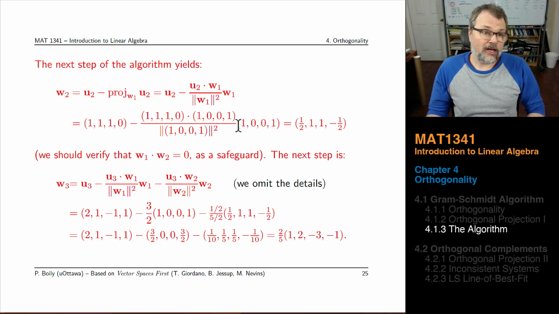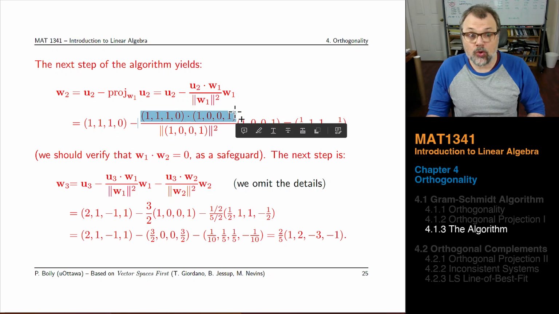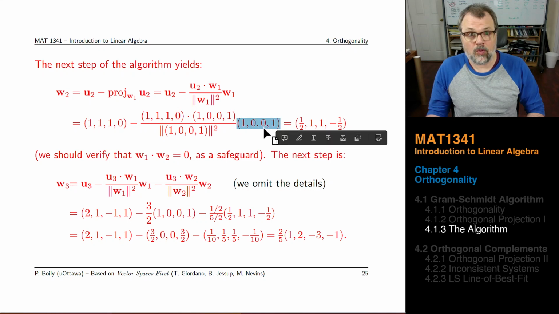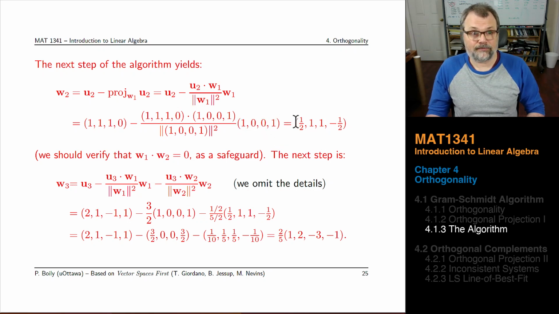So here you have a 4-dimensional vector. This here is going to be a real number, a scalar. You're going to divide it by this number here, which will be 2, right? 1 squared plus 0 squared plus 0 squared plus 1 squared. And you multiply that real number by the vector (1, 0, 0, 1). And what you get is (1/2, 1, 1, -1/2).